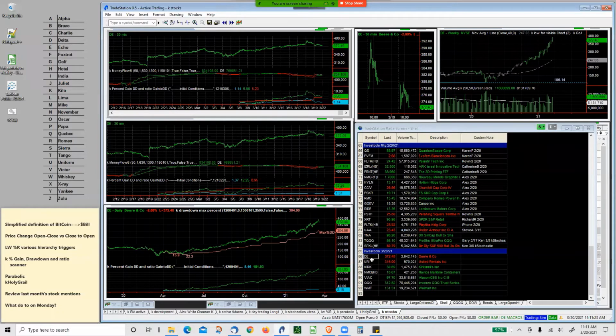DE is just one I've kept my eye on. It's an industrial, and industrial is a leading sector right now. Industrials, materials, energy, those are in the 90-day window. Those have been the stronger sectors. And so then I drill down into the sectors and pick the stocks I like. Okay.